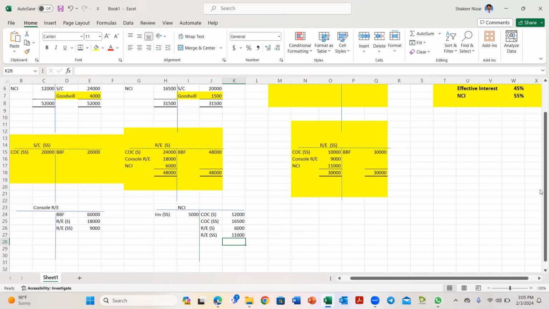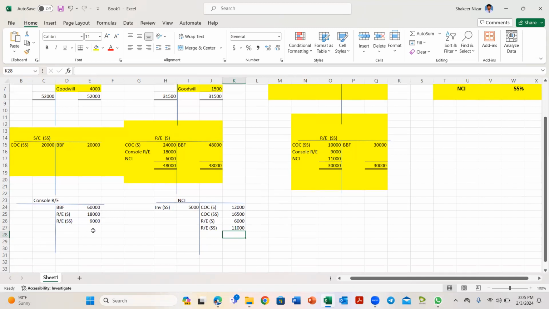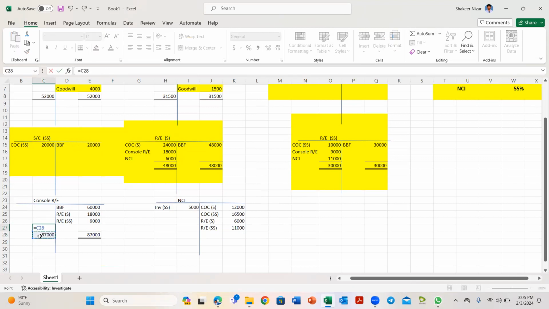Right. So once we get the summation of this account, we can see 87,000 is this amount. Carried down balance also 87,000.